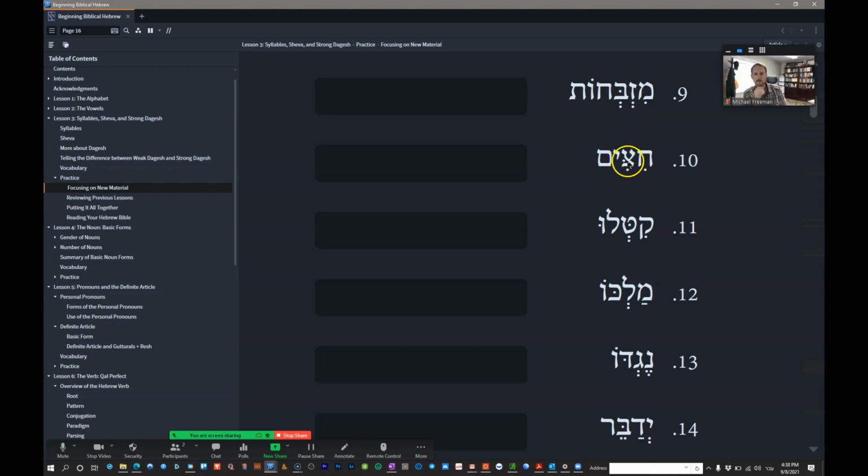Number 10, the dagesh letter is preceded by a hiriq, followed by a hiriq, two vowels. It must be strong enough to support both vowels. Number 11, the dagesh is preceded by a hiriq, followed by a... I guess it depends on whether this dagesh is strong or weak, which is what we're trying to figure out.